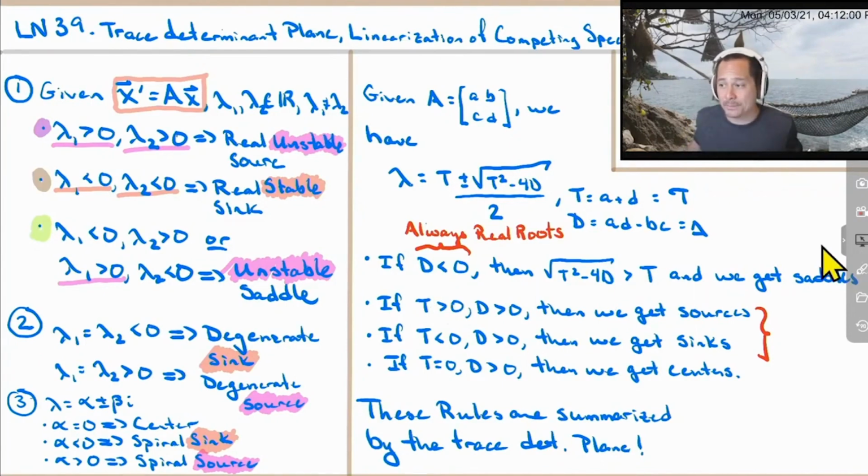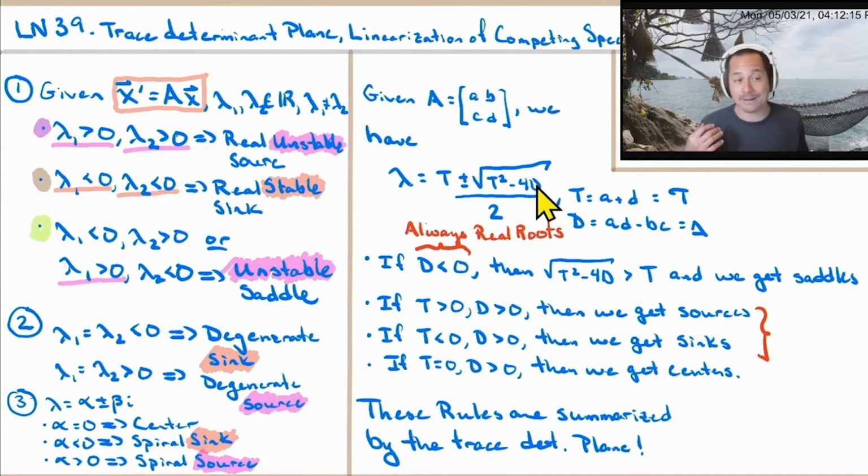Now we can pursue this a bit more, because if I look at what's under the square root, t squared minus 4d, well, if the determinant is negative, I have t squared minus a negative number. So what that means is that I'm adding a little bit onto t squared.